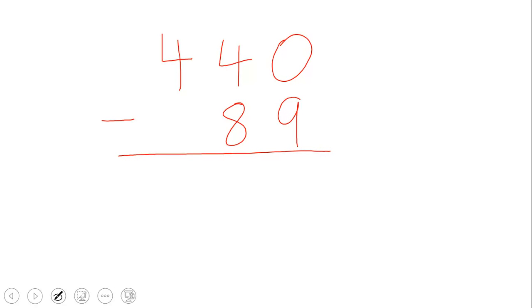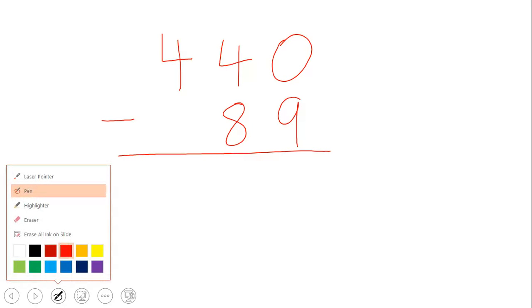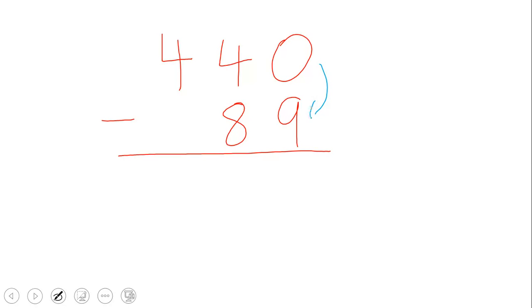We are going to go about this column by column. The first column we deal with is the ones column, and we're going to deal with these two numbers, 0 and 9. So we say 0 minus 9. Now 0 minus 9 will give us a negative number, but we don't want any negative numbers in our answer.